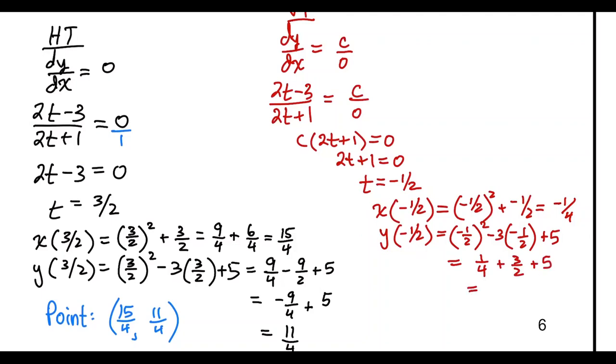So that's really 6/4 plus 1/4, 7/4, so 27/4. Maybe. Let's see. I think so. So the point here would be negative 1/4, 27/4.